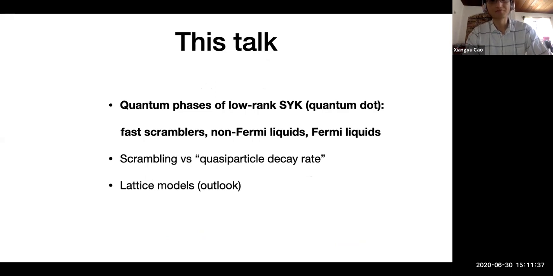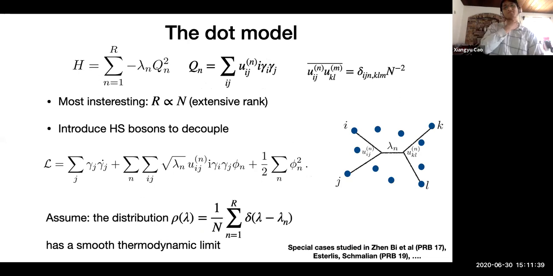All right. So now let's define this low rank SYK model, the dot model, which is motivated by the previous argument.